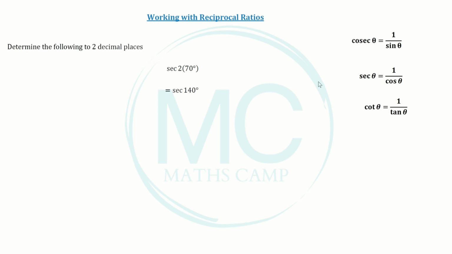Now, before we can put this into our calculator, we need to change it into the reciprocal ratio. And we can see that sec theta is equal to 1 over cos theta. So we can say sec 140 degrees is equal to 1 over cos 140 degrees.